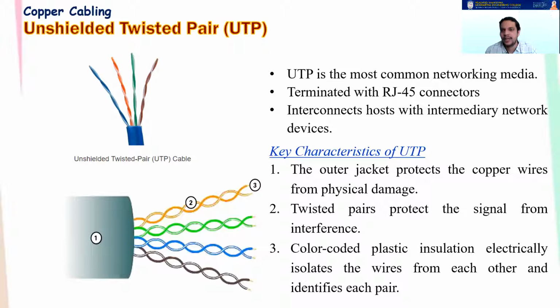It is cheap and very easy to install. It is also durable. And we have RJ45 connectors. Once again, the connector is also cheap, so you can buy it anywhere and crimp it easily. The main purpose of UTP is to interconnect hosts with intermediary network devices.